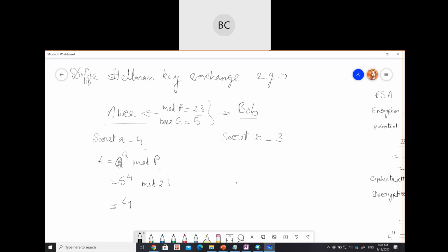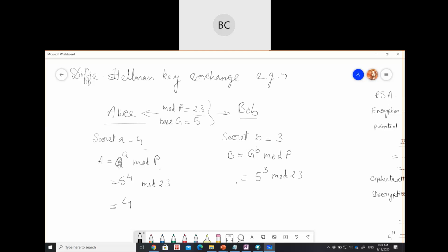Then Bob will also create a key. The equation is the same, G, but the power is his own secret key. So G power B mod P. G is 5 again, B here is 3, and P is 23.